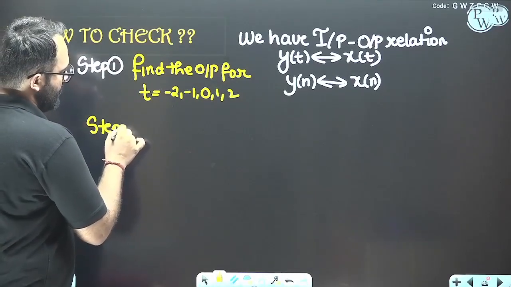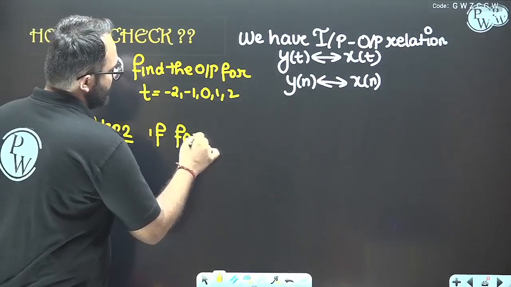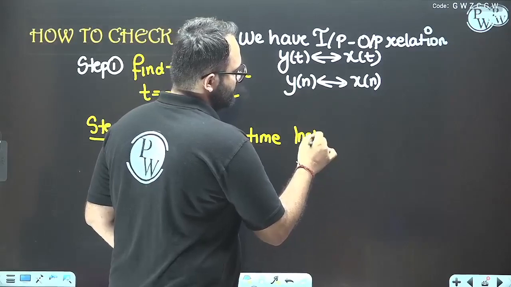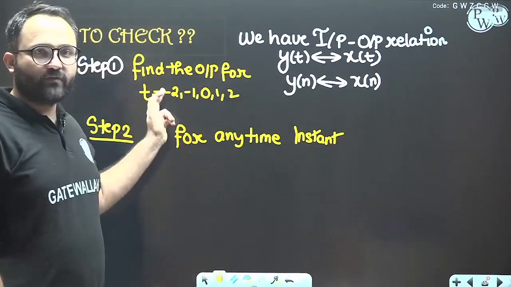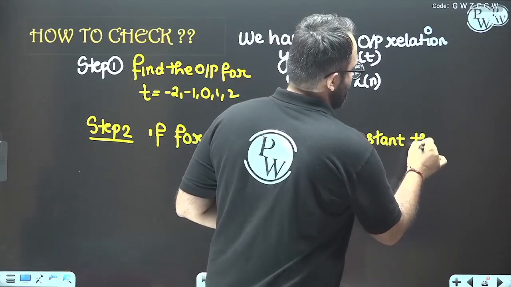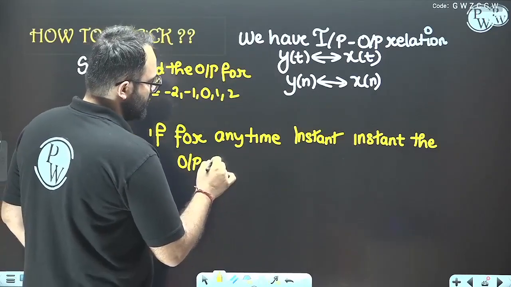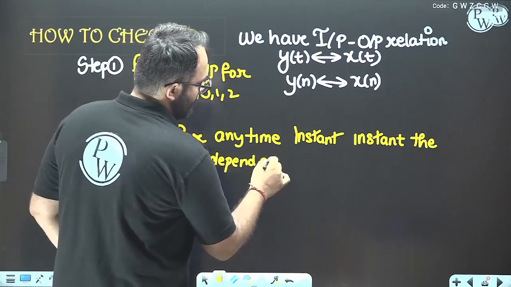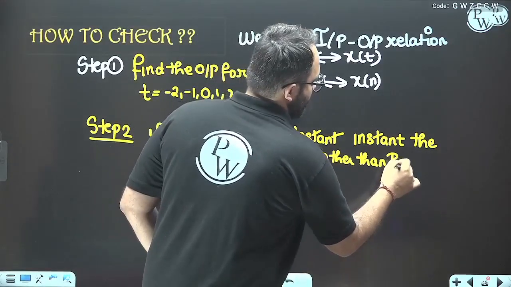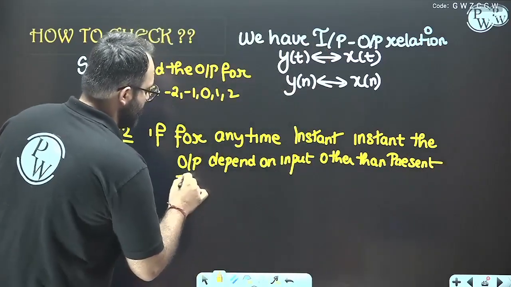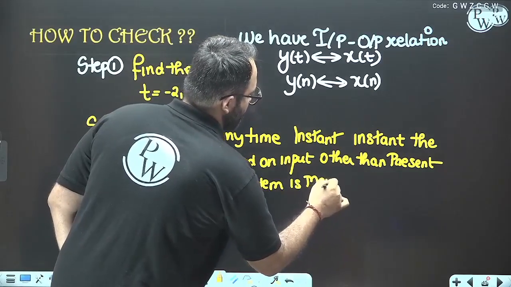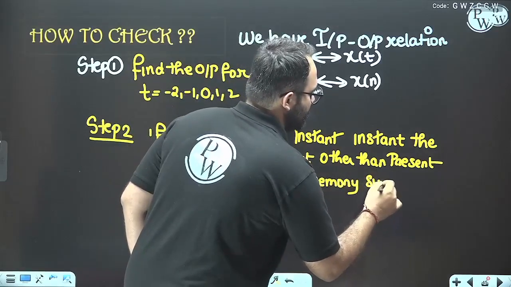Step 2: if for any time instant the output depends on input other than the present input, then the system is a memory system.